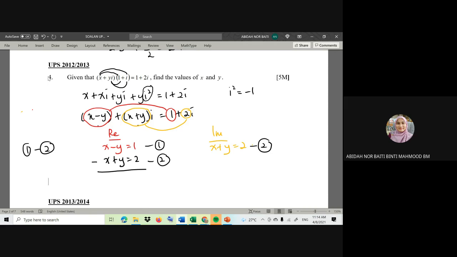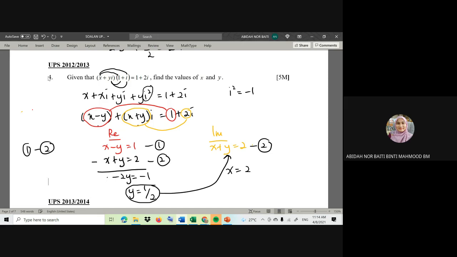We use the elimination method to solve simultaneously. So x minus x is 0, negative y minus y is negative 2y. So here we get negative 1. Therefore your y is half, right? Okay, and then we substitute y equals half. Substitute into either equation. Get the value of x.